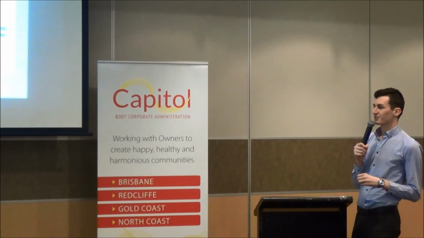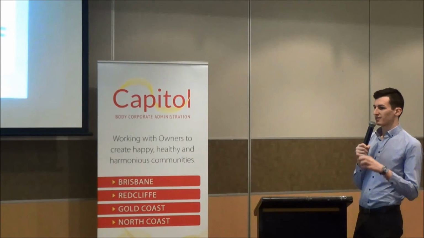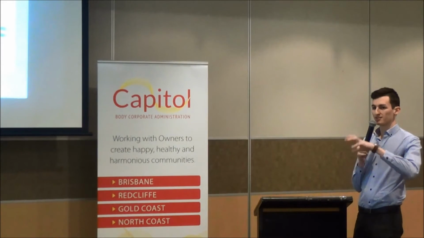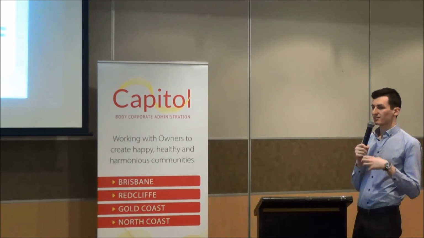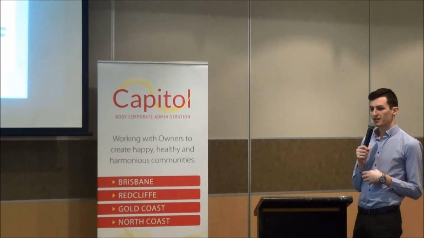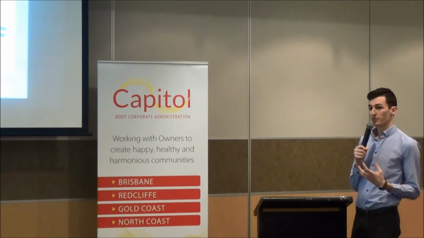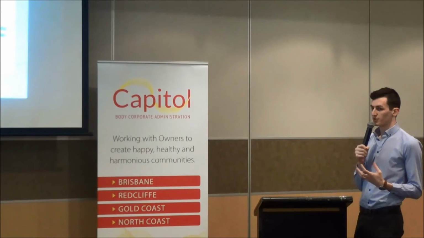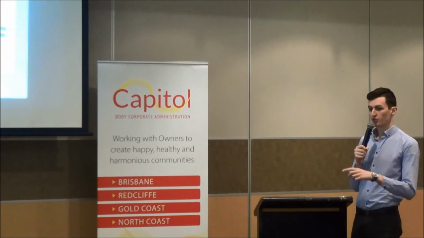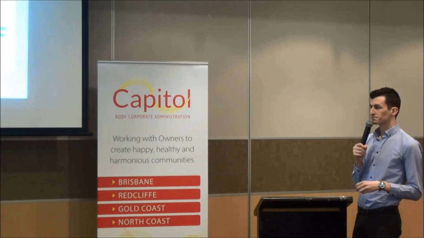Particularly we see a lot of buildings where there's a house at the front that's been renovated and some townhouses in the back. The house at the front might be an 80-year-old Queenslander, and because it's part of the scheme, the body corporate has to insure it. That would be really expensive insurance for that building, and all owners would share the cost of that insurance.